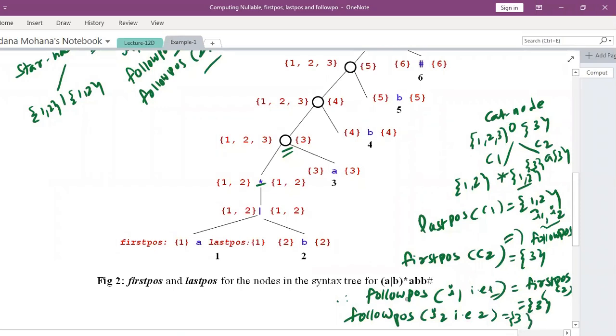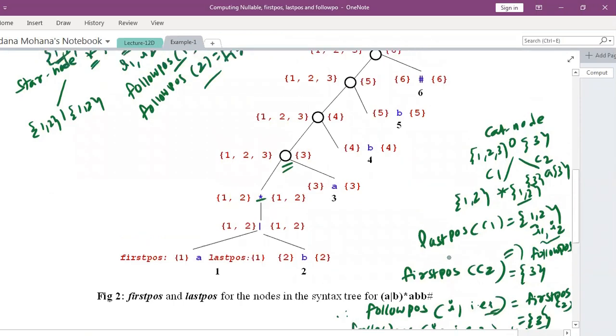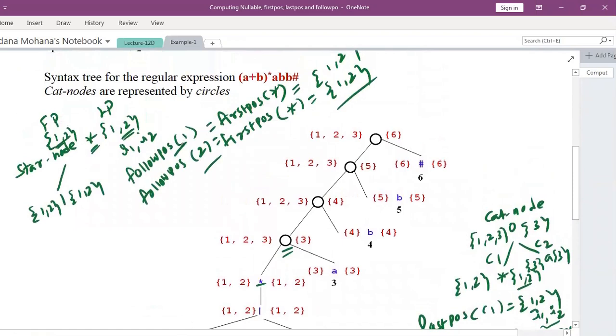Now here you can see follow position of 1, we got 3. Follow position of 2, we got 3. But earlier we got some more values for the same follow position values. Now we can combine, therefore follow position of C1, I mean 1, equals 1, 2 and 3.